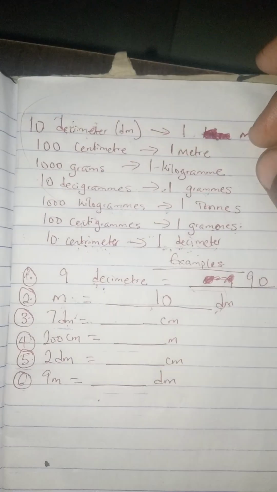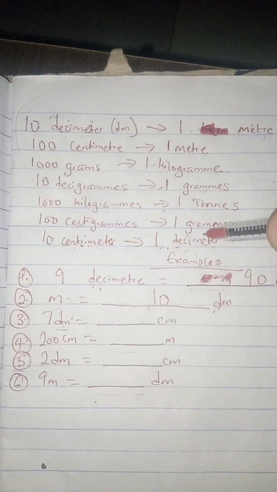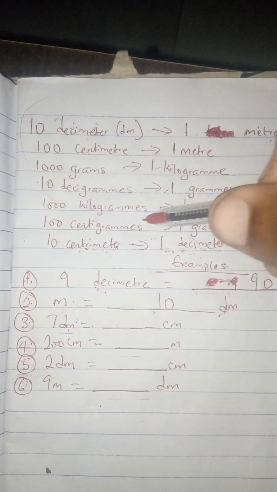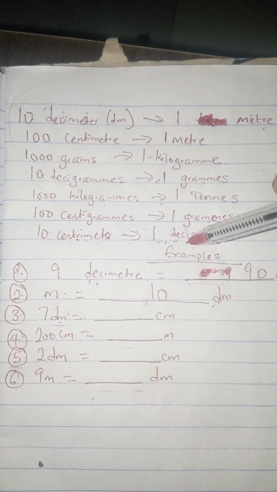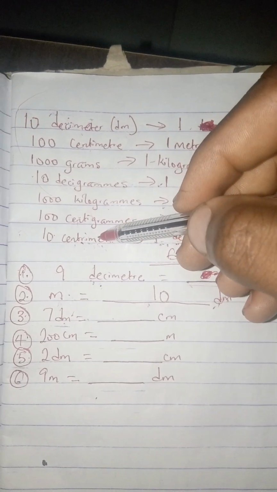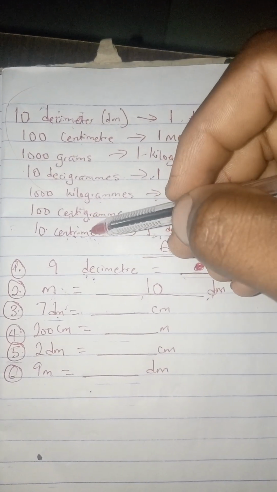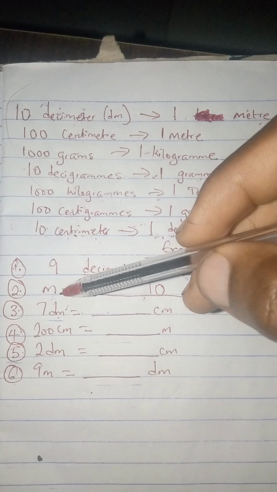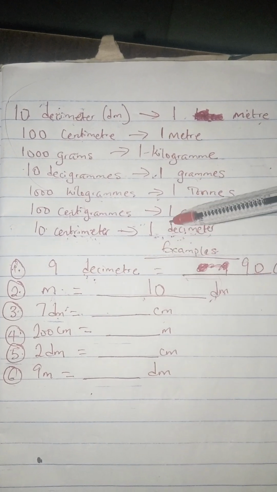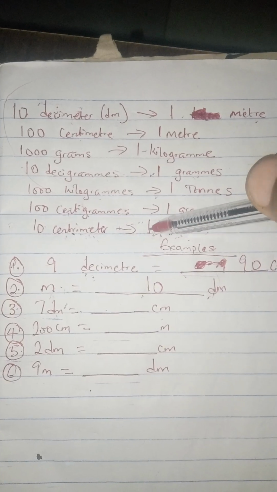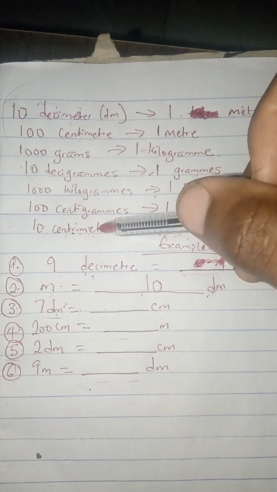Now here we have 7 decimeter will give us how many centimeter? That you simply say what? 7 times 10, seeing that 1 decimeter gives us 10 centimeter.